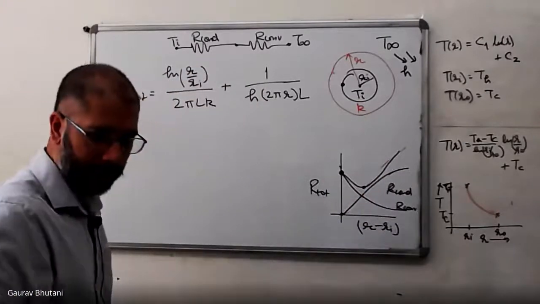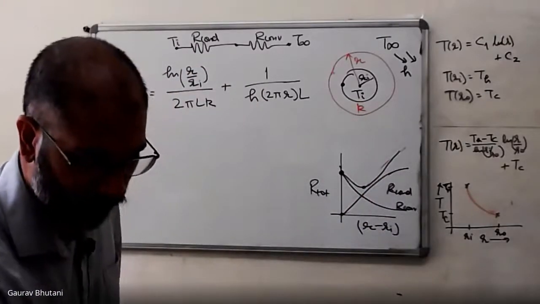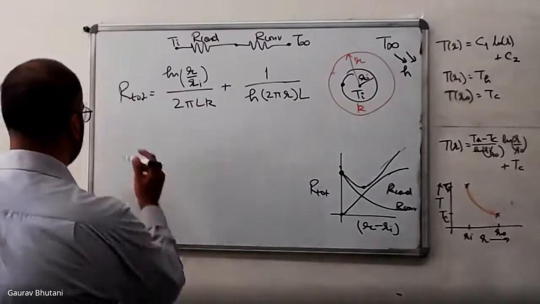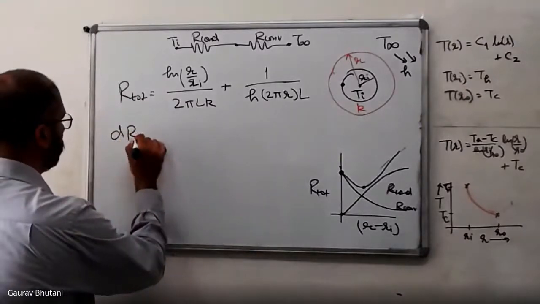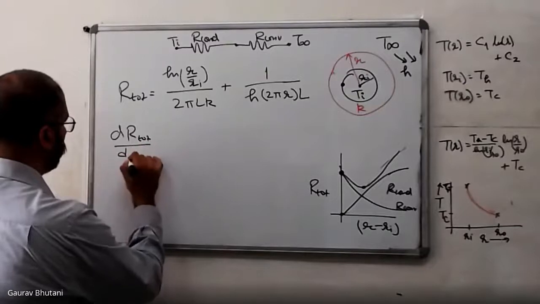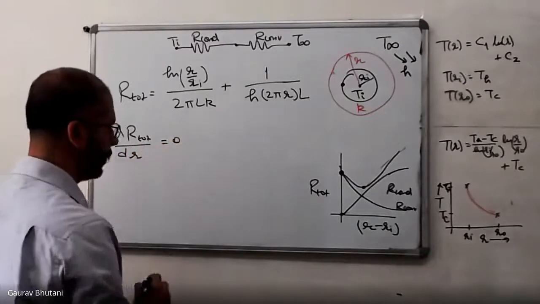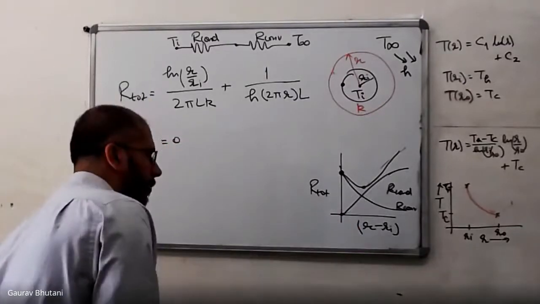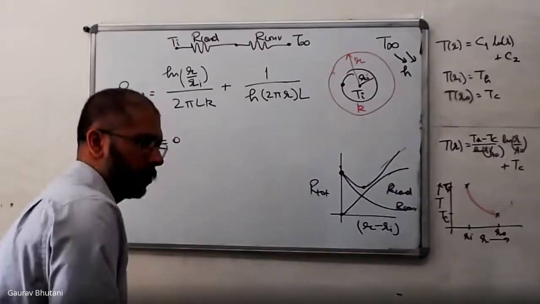So let's check that. We can easily check that by using calculus. So what we'll say is that dR total by d small r is 0 at this point, the critical point. And then we can also check for maxima or minima by taking the second derivative.